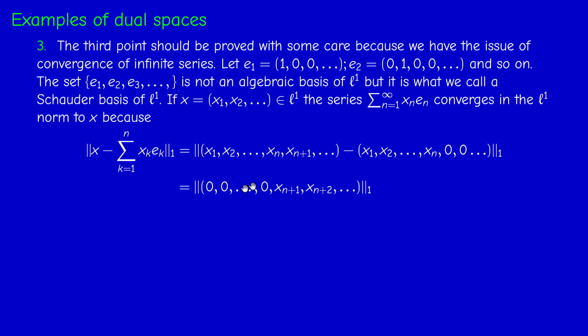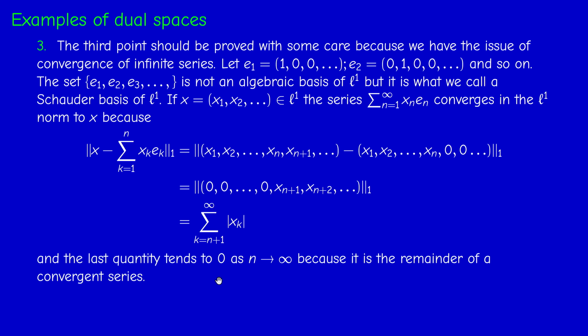It's just the sum of absolute values: absolute 0 plus absolute 0 and so on, so just the remainder of the series, the series starting from n plus 1 of the absolute value of xk. Now this is the remainder of a convergent series, because x is in L1. So we know that as n tends to infinity, this real number tends to 0.